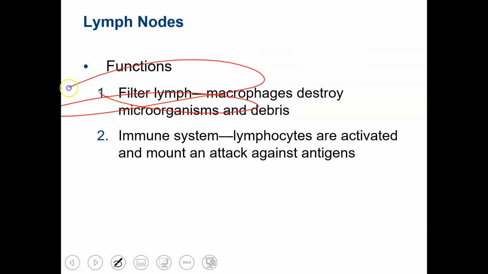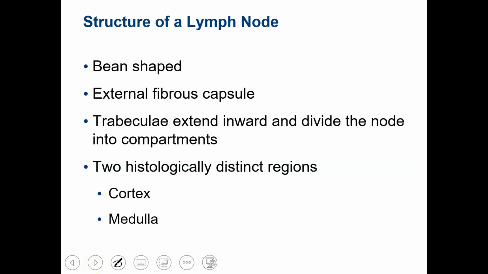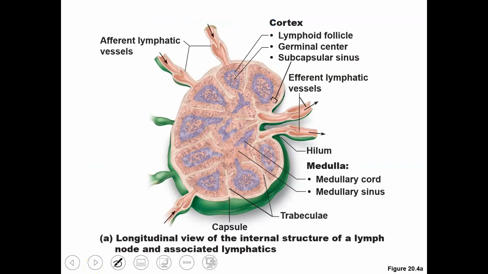So major function here, filtering lymph. And again, this is where all that garbage is getting washed. So if you want to figure out where stuff is, you name the lymphatics. And so that's a great place to pay attention to what's in the lymph nodes, they look like that.